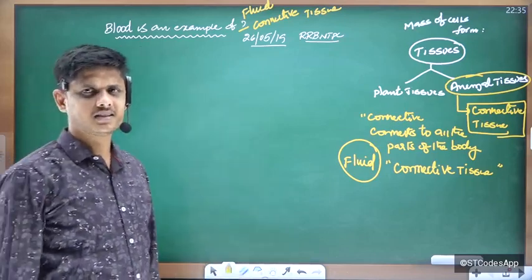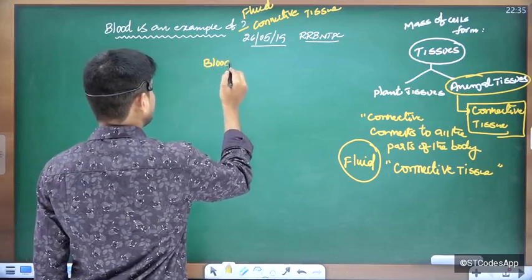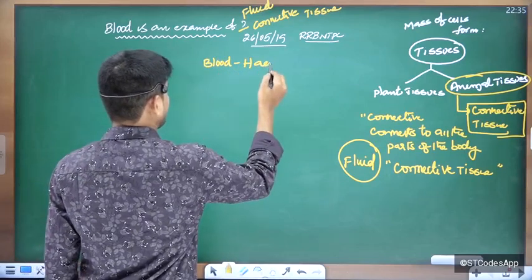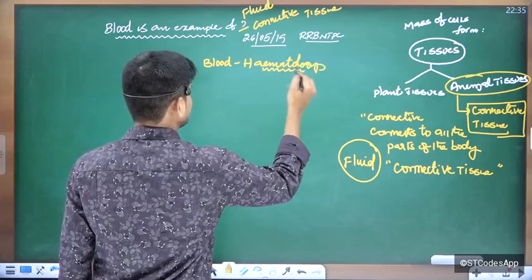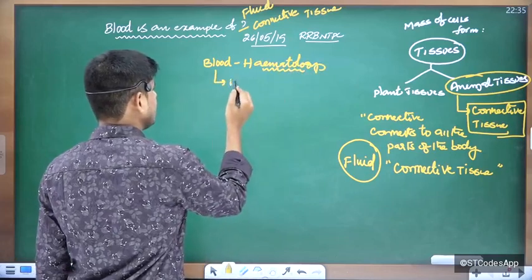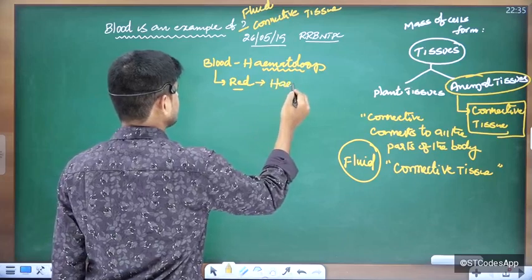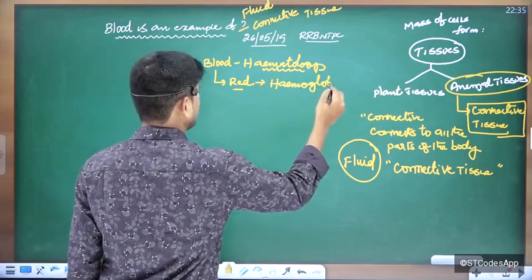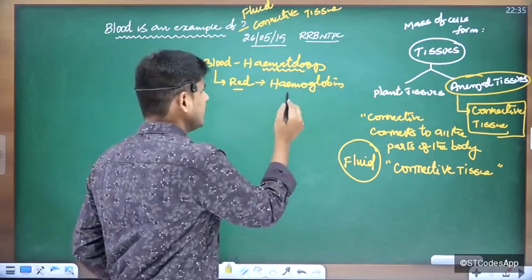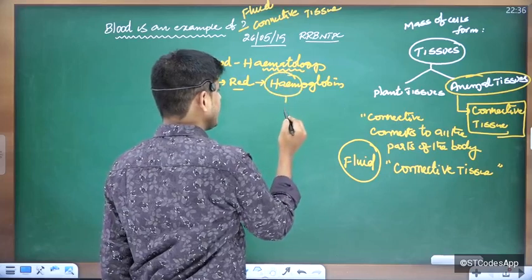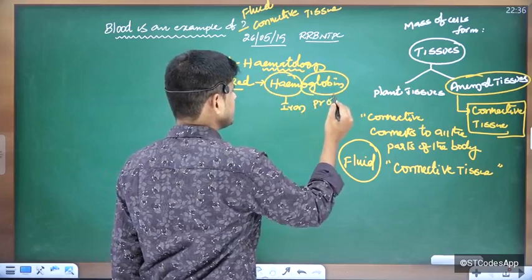What is the study of blood? The study of blood is nothing but hematology. The red color of the blood is due to the presence of a pigment, that is hemoglobin. In hemoglobin, heme means iron, and globin is a protein.